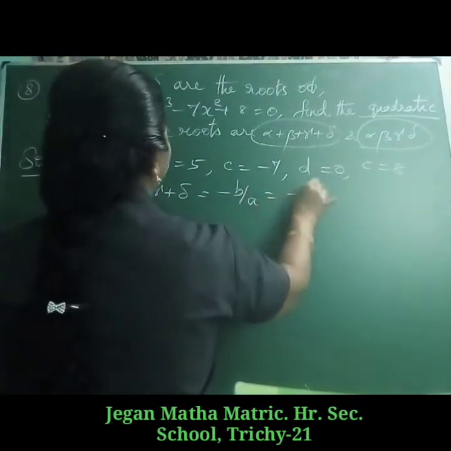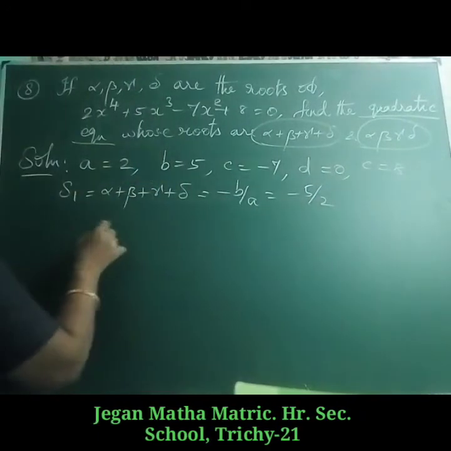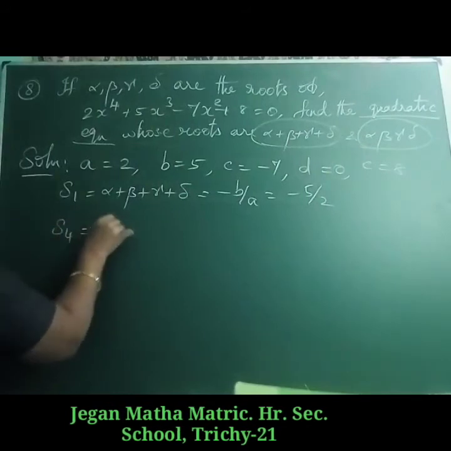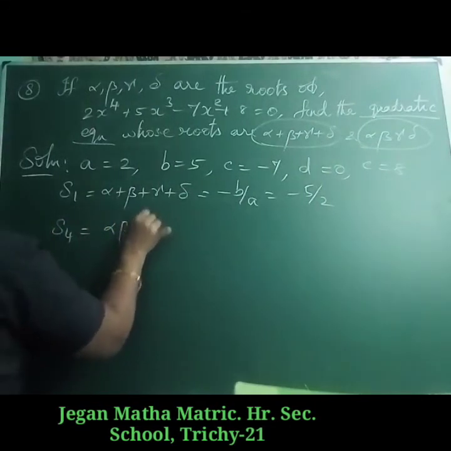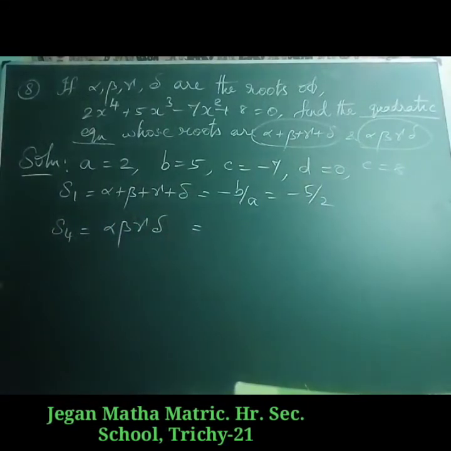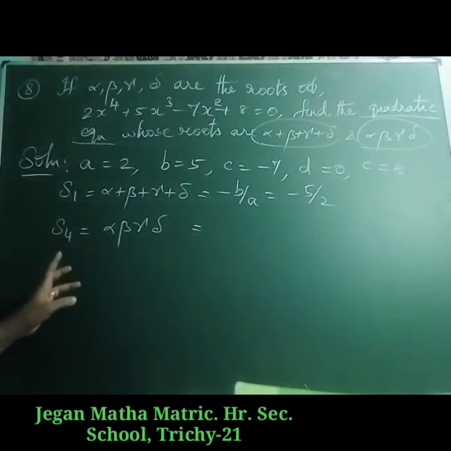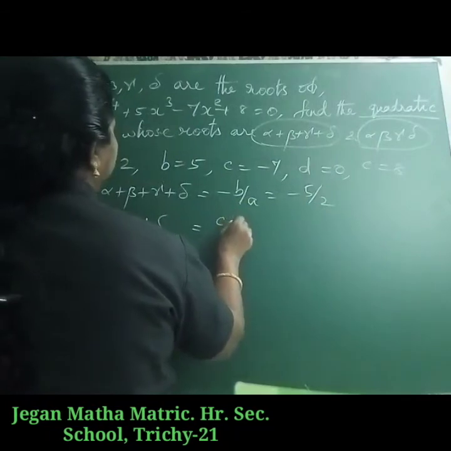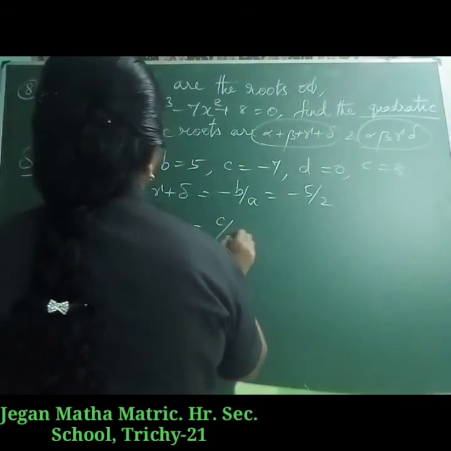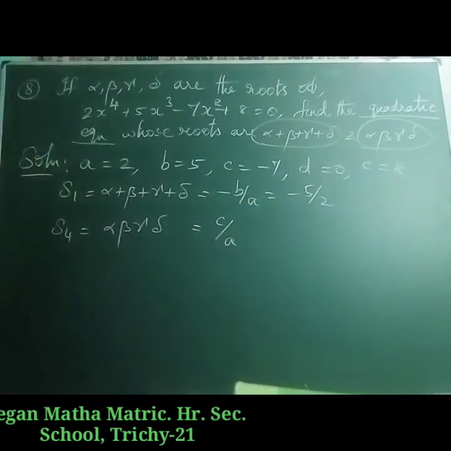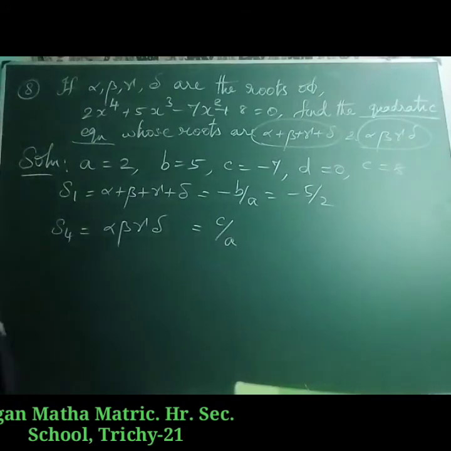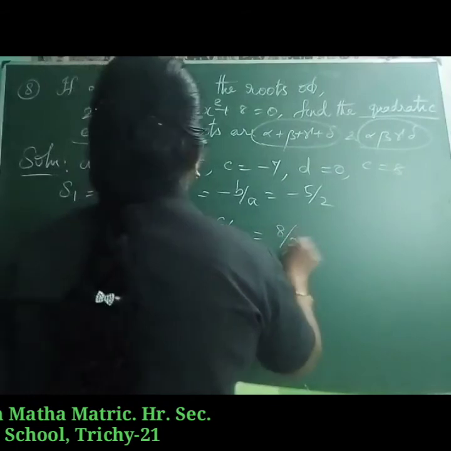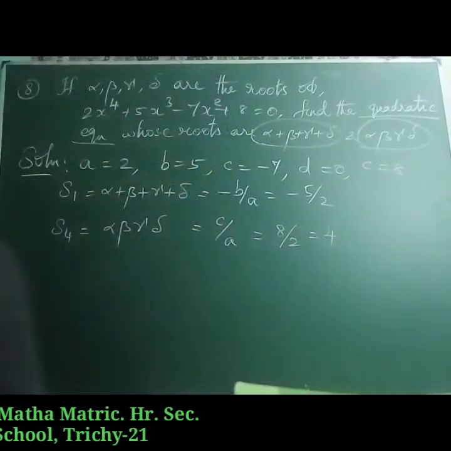Therefore, minus 5 by 2. Then we can find out the last one, S4 is equal to alpha, beta, gamma, delta. The last one, constant, so you can write e by a. So we are getting the answer 8 by 2 equal to 4.